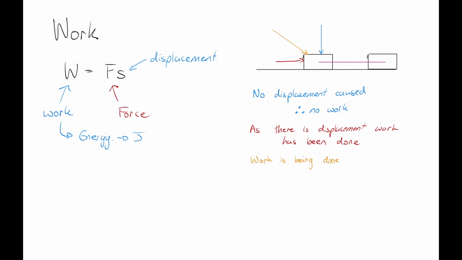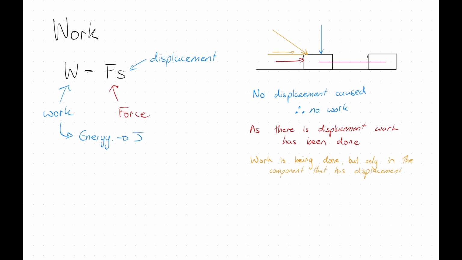Am I applying more energy to this situation? Am I doing more than what I actually need to? Yes. The main thing is that we are only applying it to the parallel component, so it would be that component there of my force. Work is being done, but only in the component that has displacement.